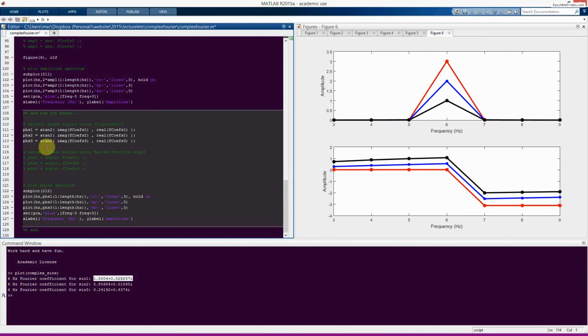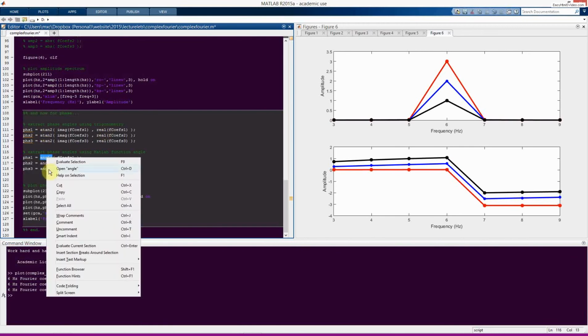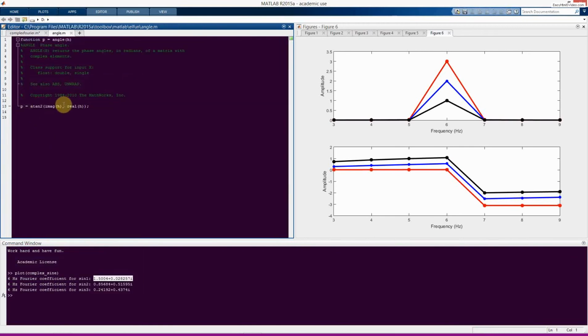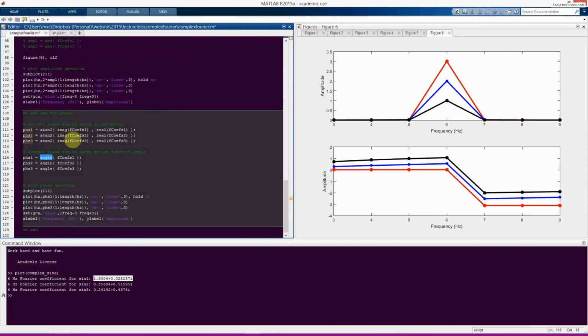The function atan2 deals with situations like this where the real component would be 0. And this is just to show you that the MATLAB function angle produces the same result. In fact, I believe the function angle is really just computing atan2. So it's no shocking news that this function produces the same as this function. In practice, I recommend using the function angle.